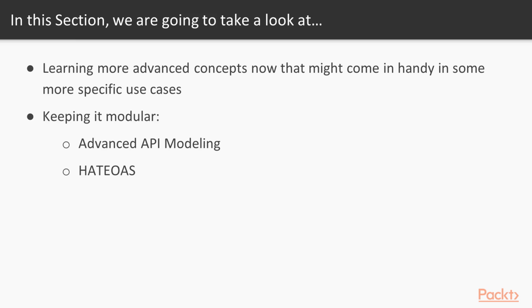So you need to take that into consideration, that it might be necessary to have nested resources to have a perfect modeling of your API. And we're also going to take a look at HOS. So we're going to see what the hell these letters are, what they mean, whether we should use it or not in each case, and how to actually implement it if we decide that we need to use it. Okay, so this is what we're going to learn in this section.